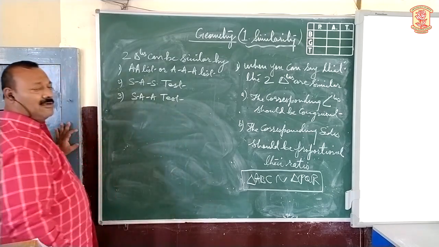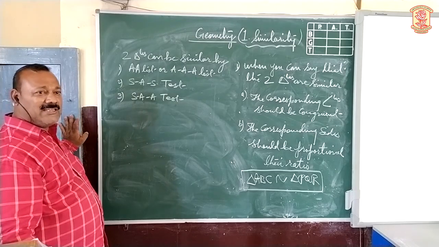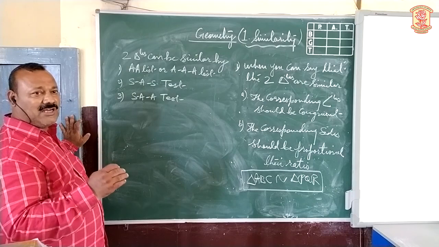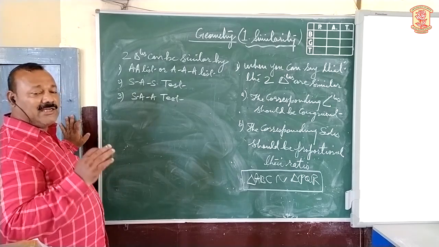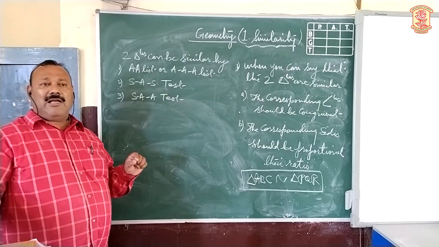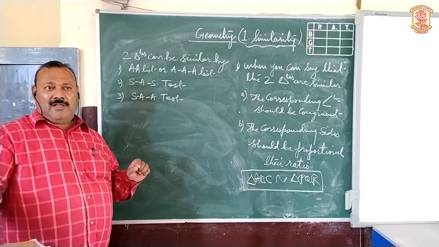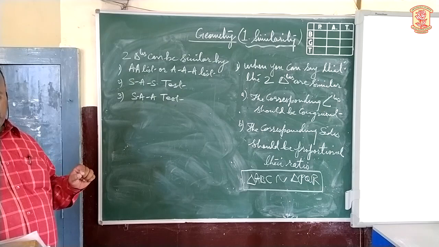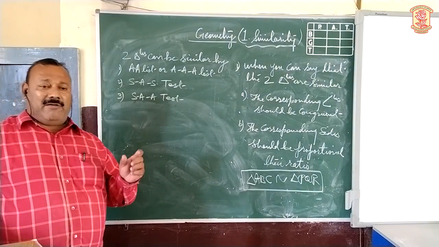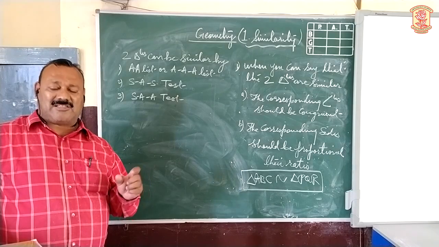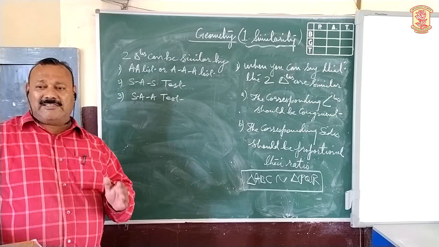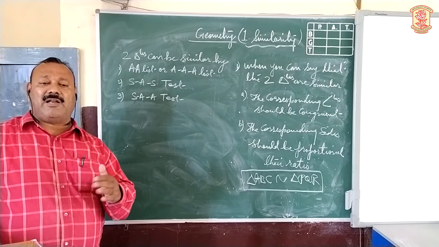Triangles are similar if the ratio of the corresponding sides is proportional and the corresponding angles are congruent. Whenever two triangles are similar, the ratio of their areas is always said to be 1 upon 1.